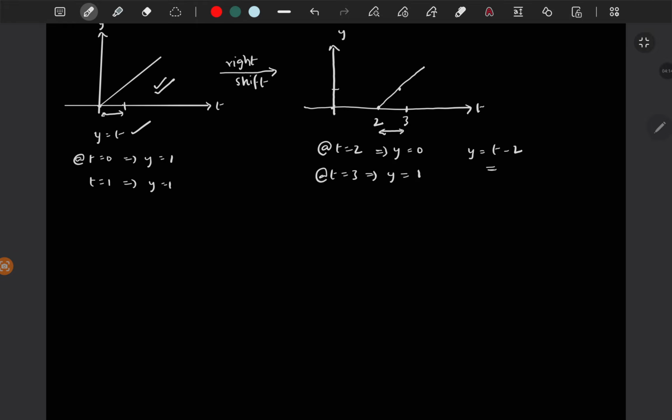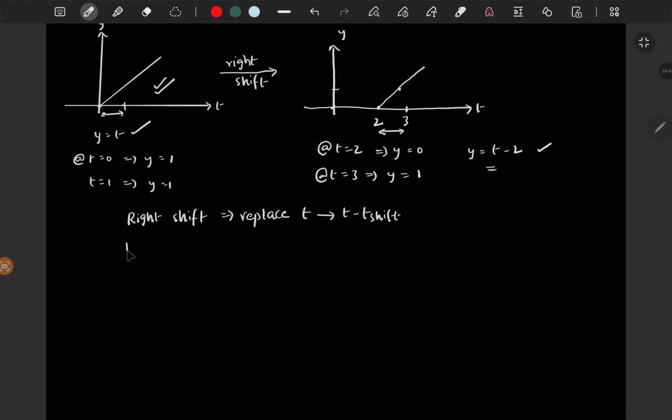If you do right shift, then you will get this equation, which is t minus 2. So simply, right shift means replace t with t minus t shift.